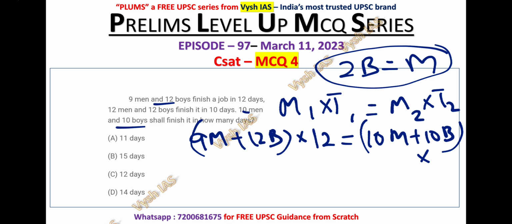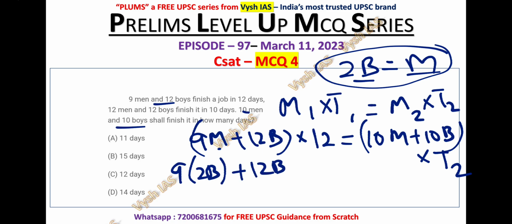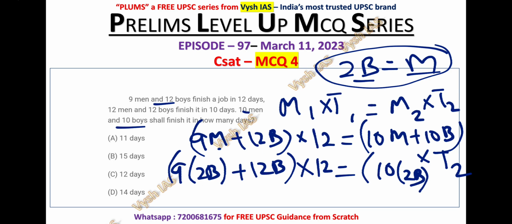We have to find the value of T2. We have got m as 2b, so let's substitute: 9 into 2b plus 12b, into 12, is equal to 10 into 2b plus 10b, into T2.